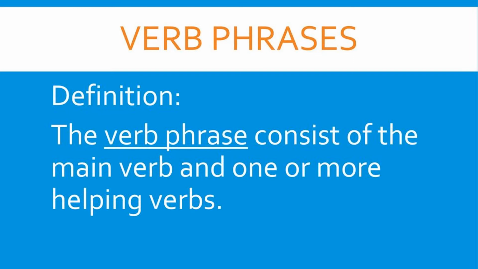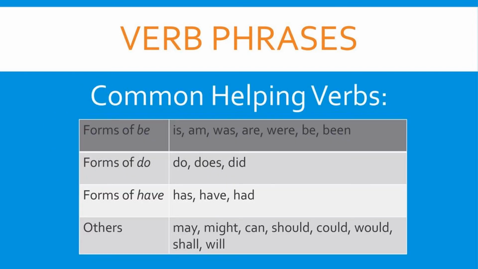Definition: the verb phrase consists of the main verb and one or more helping verbs. So we already know that a verb phrase consists of a verb plus helping verbs.